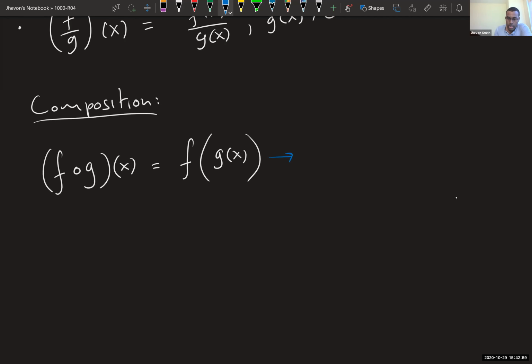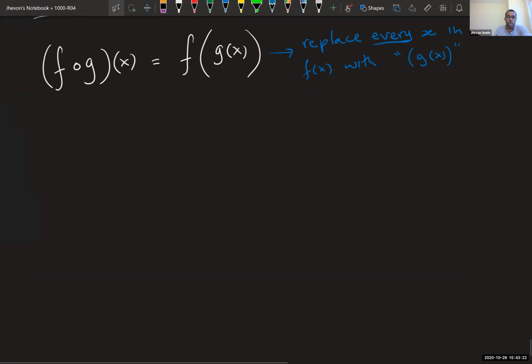So this is: replace every x in f of x with g of x in parentheses, so you don't mix anything up.